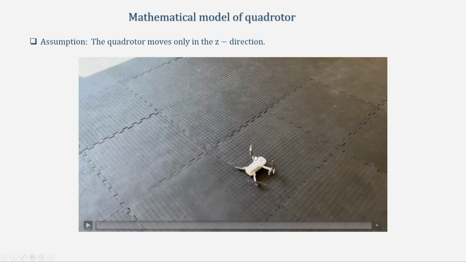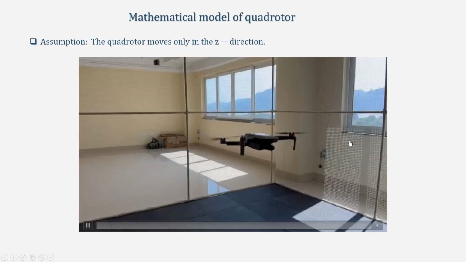So this is how a quadrotor moves along the z direction. In some sense you can actually consider that all the 4 propellers here are just one rotor, because we are just moving along the z direction. So let us try to model this system. Model means try to find out the transfer function of this system.